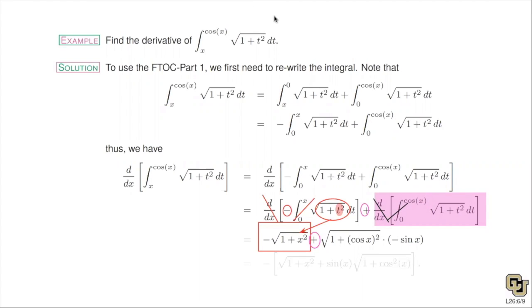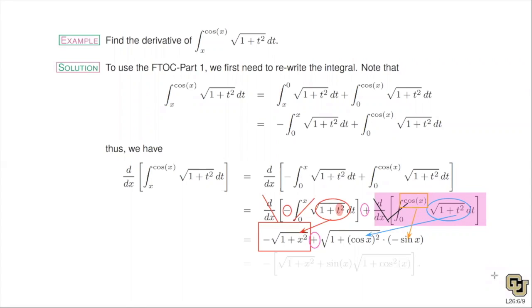I'm going to write down the integrand, but replace the dummy variable t squared with cosine x, the upper bound. That's the derivative of the outside. And then finally, I do the derivative of the inside. The inside function is the cosine function. And the derivative of cosine here is negative sine x.